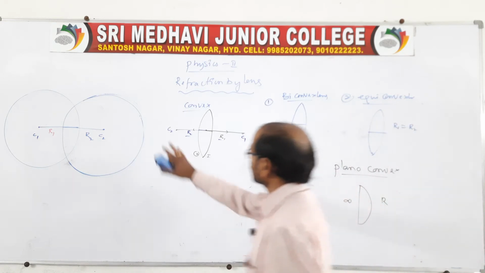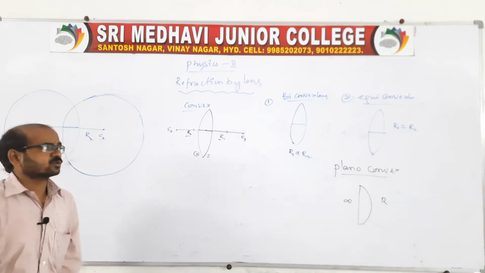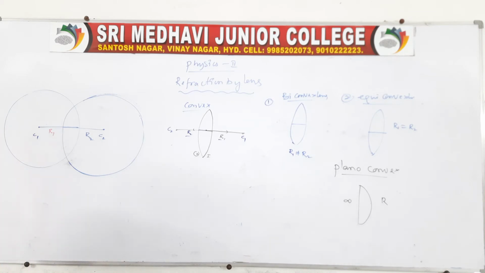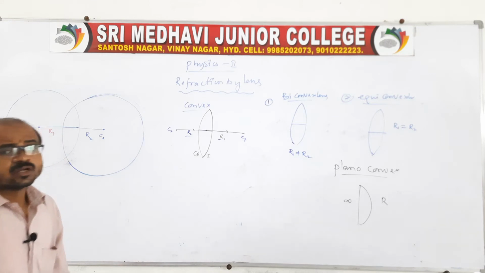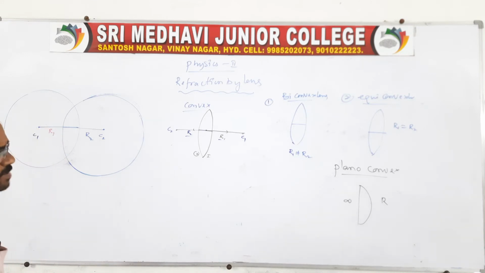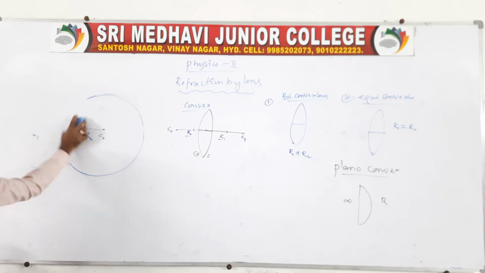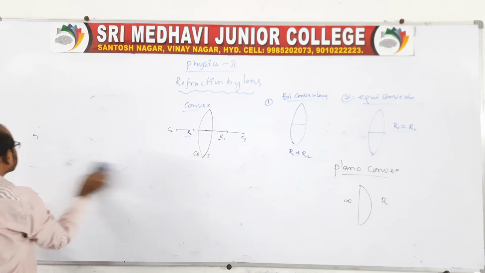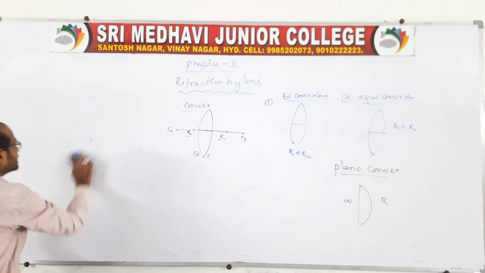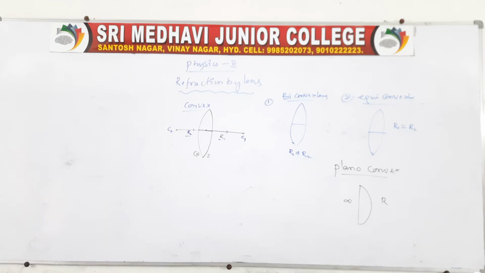Now that you have clear information about the convex lens, I want to tell you about the concave lens. Sir, what is meant by concave? Again, we should prepare the concave lens. Look here, I will tell you how we can prepare it. You take two spherical glass surfaces.